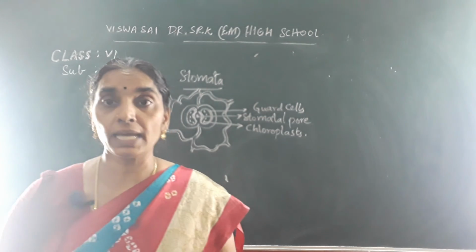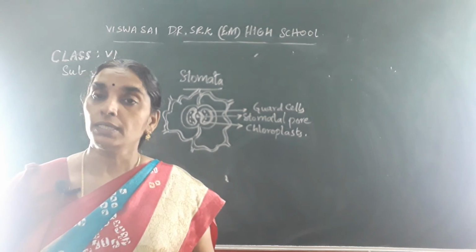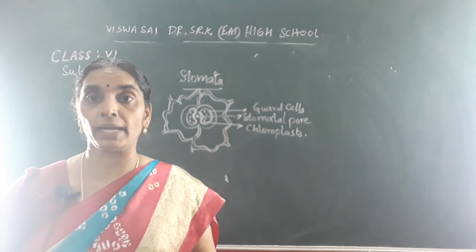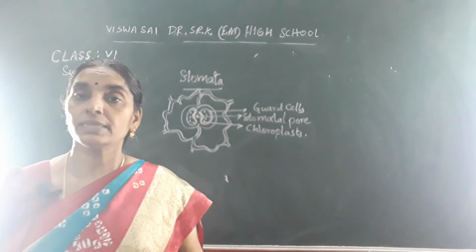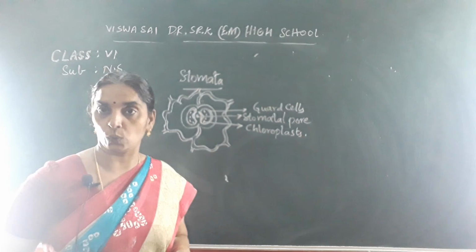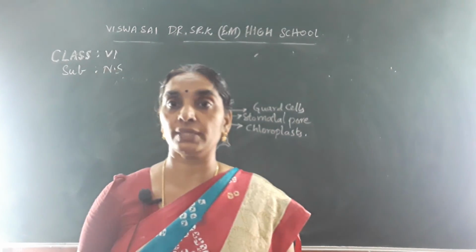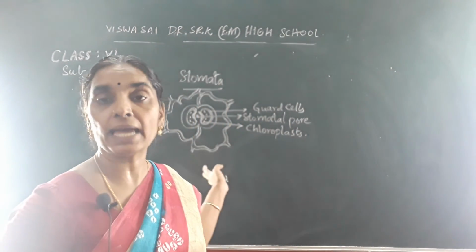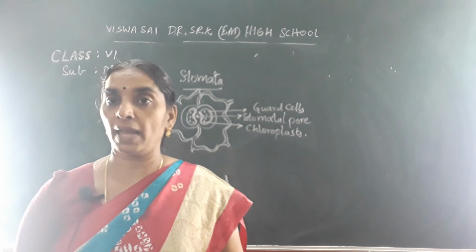So these are very tiny pores present on the leaves. We cannot see the stomata with our naked eye. They function as our nose. As we breathe in with our nose, this acts as a nose for a plant.